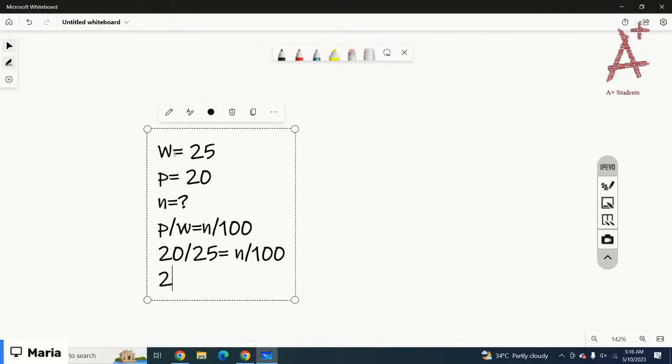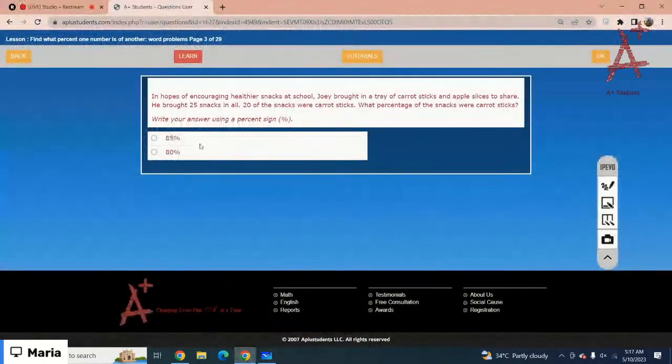It would be 20 times 100 divided by 25. 20 times 100 is 2,000, and 2,000 divided by 25 is 80%. That means 20 is 80% of 25. Got it? That means 80% of the snacks are carrot sticks. The correct option is 80%.